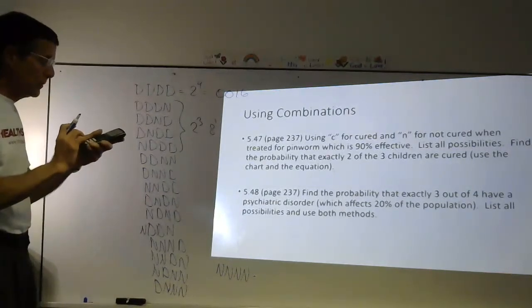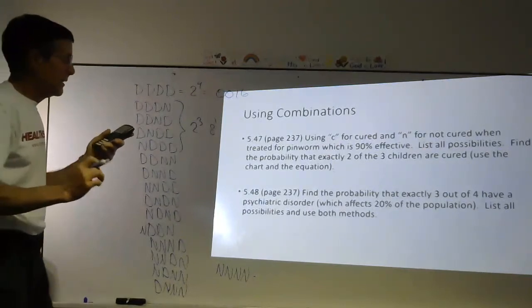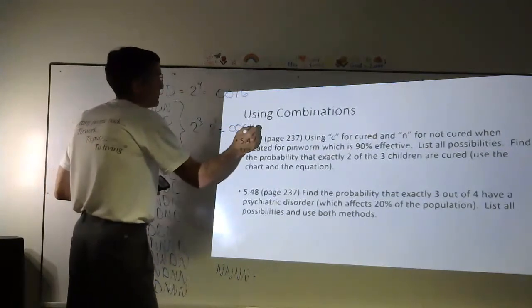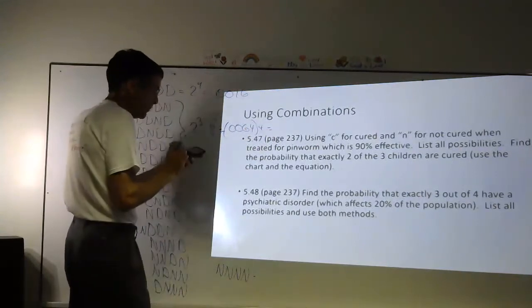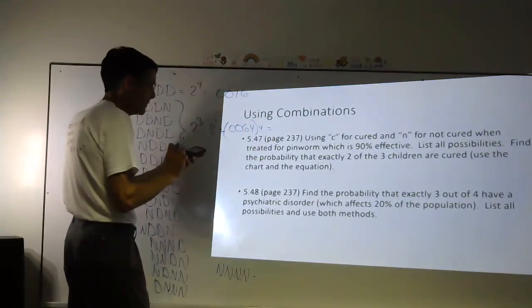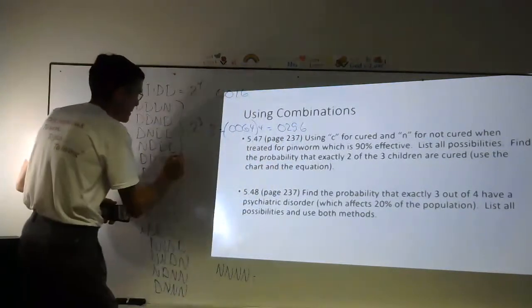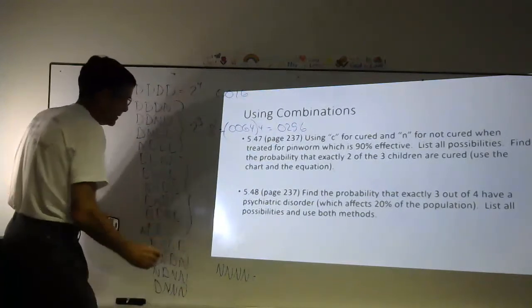And 0.2 cubed times 0.8 is 0.0064. And there are 4 of those, so I need to take that times 4, which is 0.0256.